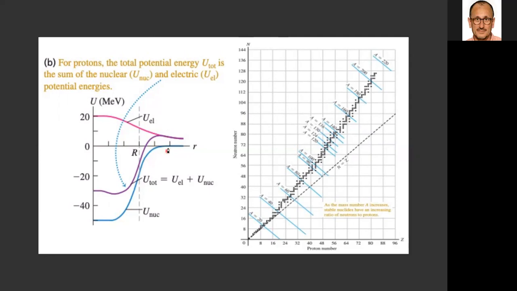So the effective potential for protons is the one that is shown here with this line.